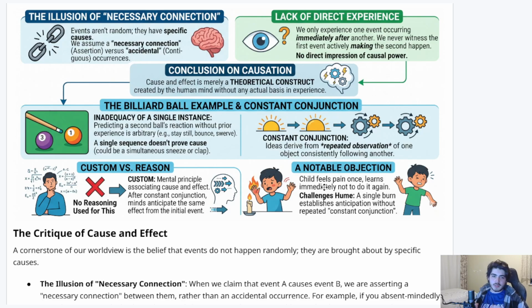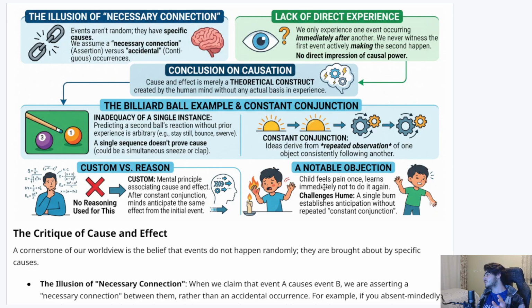He proves this further with the example of a pool ball. When you hit a ball and it hits another ball, it moves in probably the direction that you hit it from.